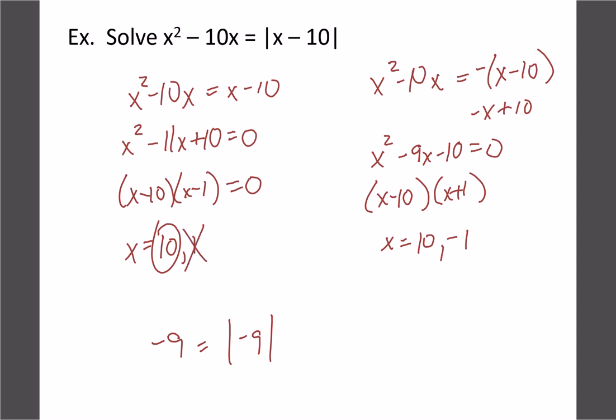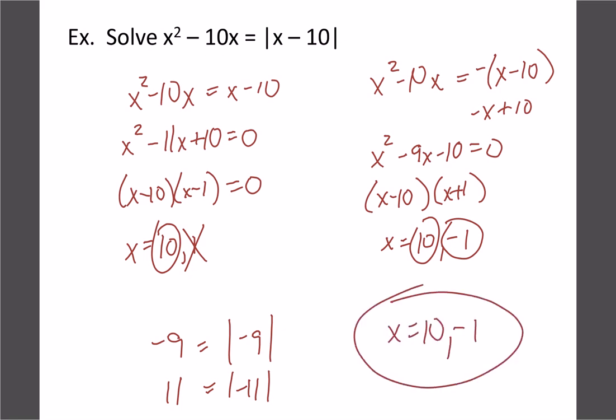Let's try negative 1. So we'd have negative 1 squared is 1, plus 10 would be 11. And on the other side, we'd have negative 1 minus 10 would be negative 11. Absolute value of that is positive 11, so that one's good. So then the 10 we've already done on the other side, so we're good. So in this case, just 10 and negative 1 would be our final solutions.